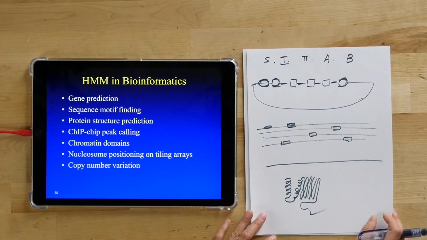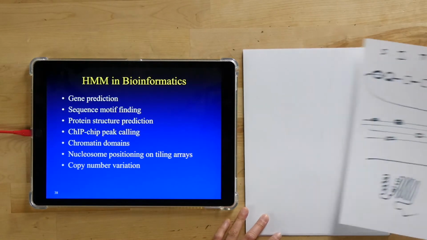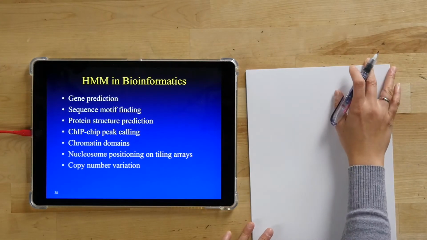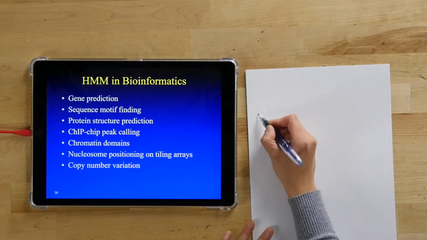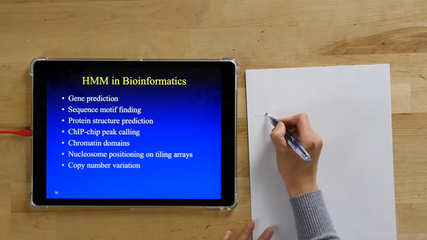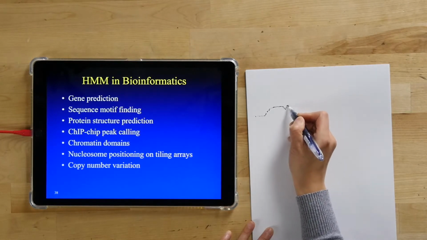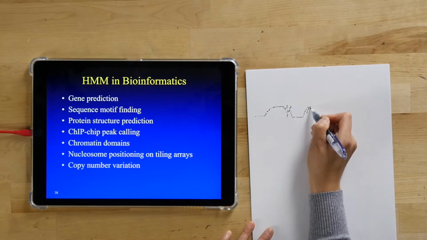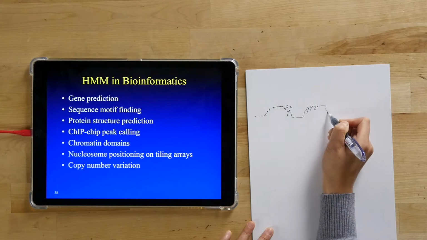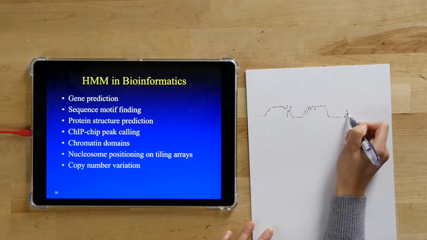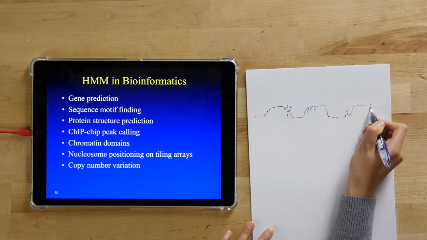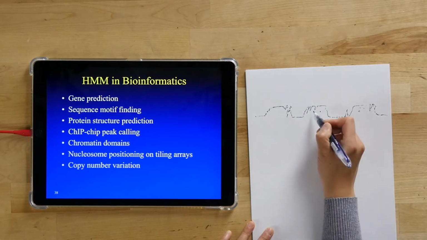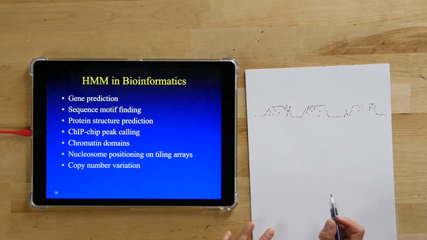We can also use it for ChIP peak calling. You can imagine if I have a region, if I have signals like this, and so maybe there is some noise, so you might have a little noise in here.